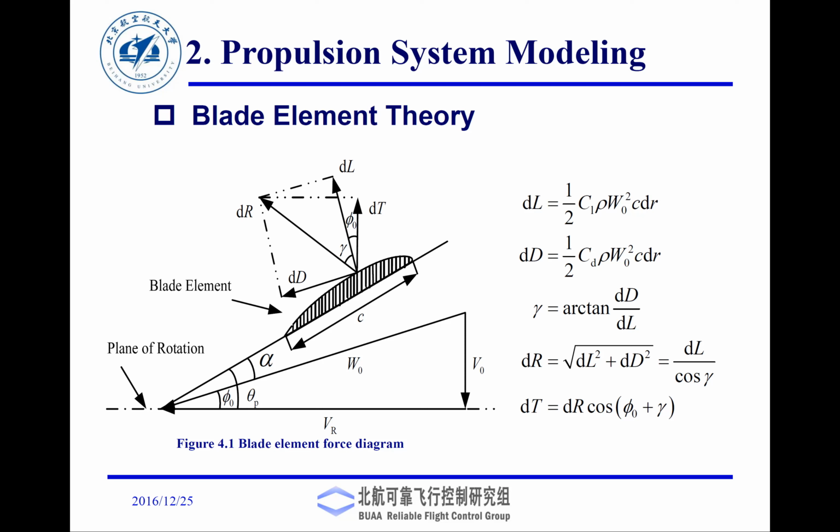When that moving air comes in contact with this stationary airfoil, it loses its kinetic energy by converting that kinetic energy into pressure energy. That pressure is called the dynamic pressure. It's not a static pressure.